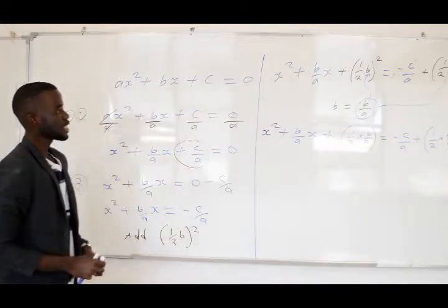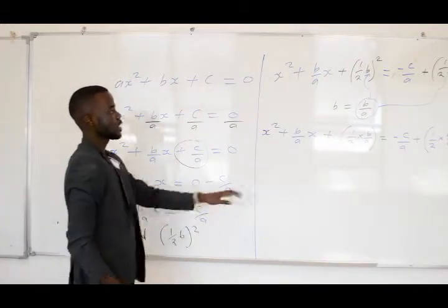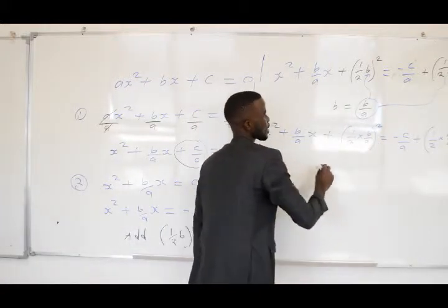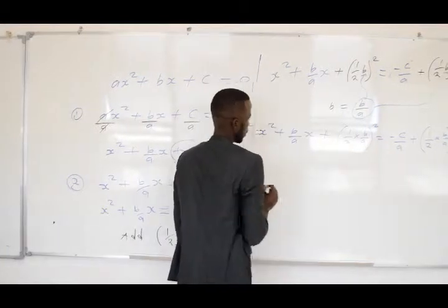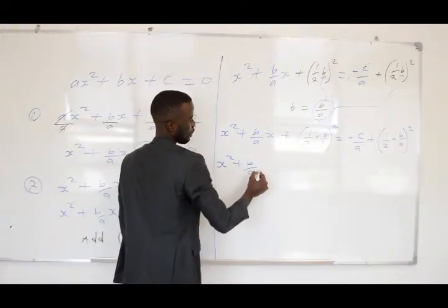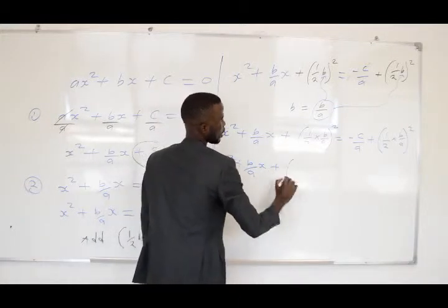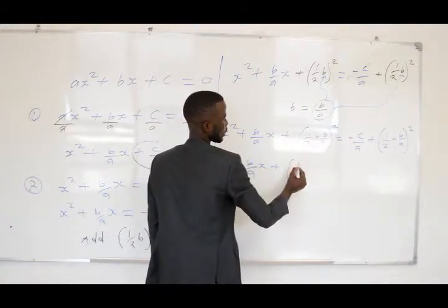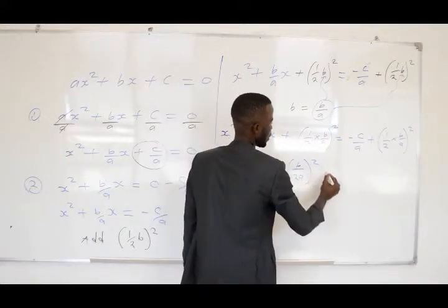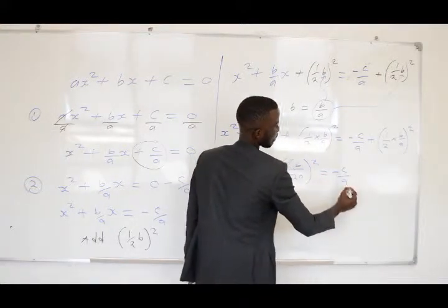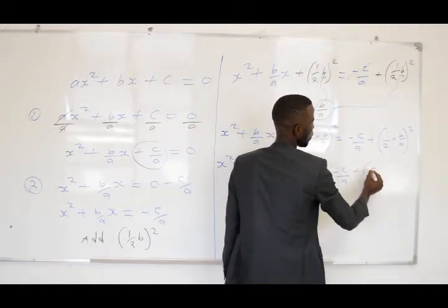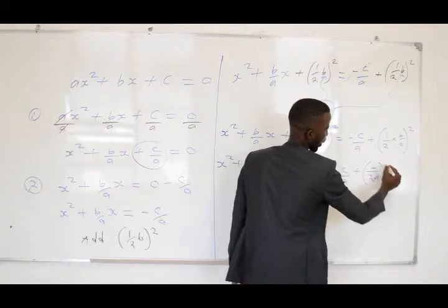Now when we reach this point, we just need to concentrate on the things inside the brackets. We multiply them and see what we have. So we have x squared plus b over a x plus 1 times b to give us b over 2a squared, equal to negative c over a plus 1 times b, which is b over 2a squared.